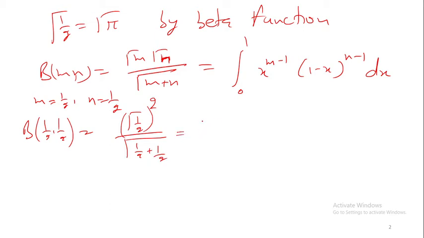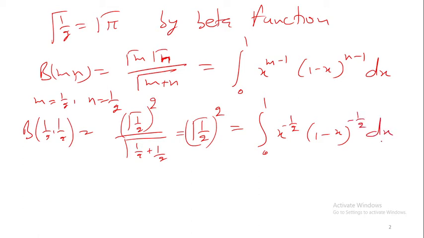So we get gamma 1 upon 2 power 2. On the other side, this is 0 to 1 x power minus 1 upon 2, 1 minus x power minus 1 upon 2 dx.